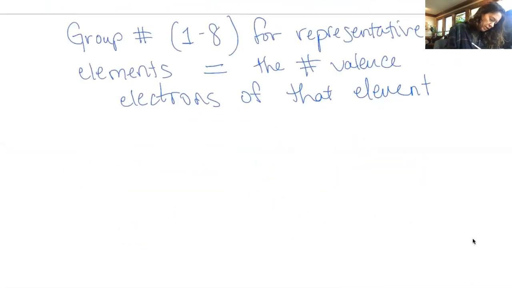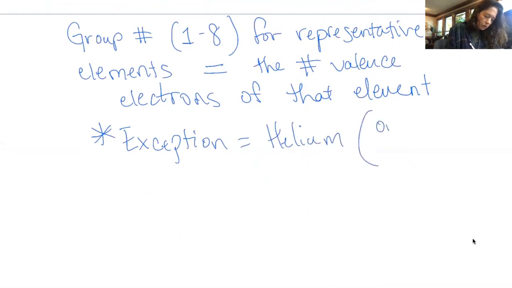Okay, there's an exception here. There's always an exception. Exception equals helium. Helium only has 2 valence electrons.